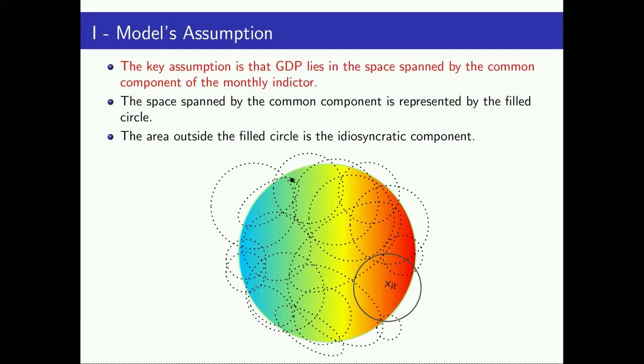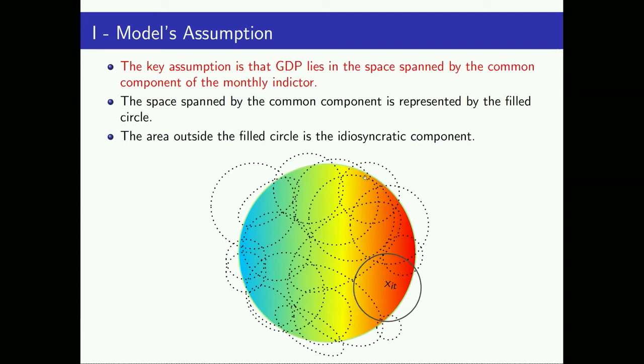Our idea relies on the fact that the GDP lies in the space spanned by the common component of each monthly indicator. Let me describe the idea better. The common component of the GDP is the rainbow, or the psychedelic circle.